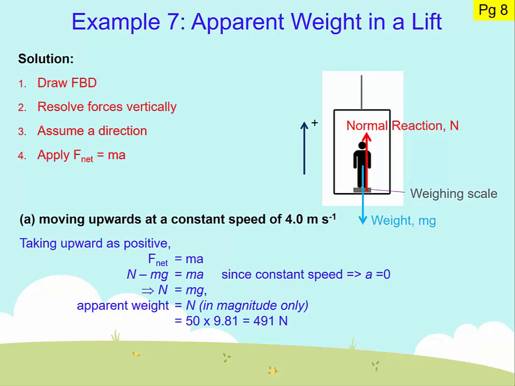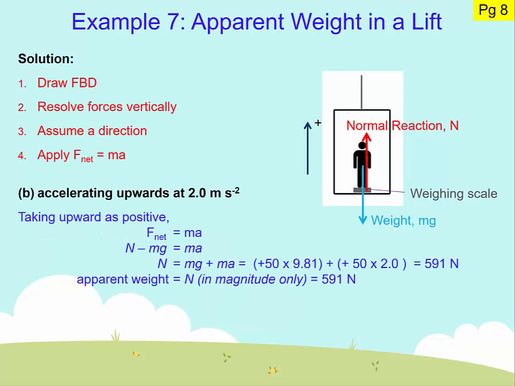Since it is moving at constant speed, a equals 0, so the right hand side equals 0. N minus mg equals 0, so N equals mg. So apparent weight equals N in magnitude, which is equal to mg.